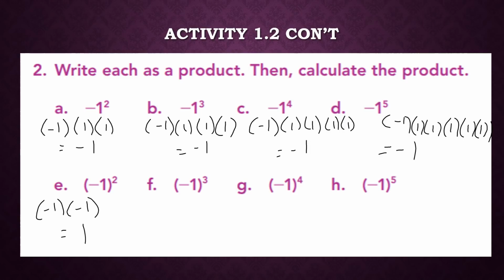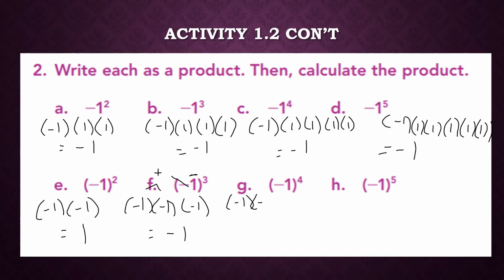In letter F, your base again is -1, your exponent's 3. So -1 times -1 times -1. That's going to be a -1. Because a negative times a negative is positive. A positive times a negative is negative. All right, letter G. We've got -1 to the 4th power. Our base is -1.